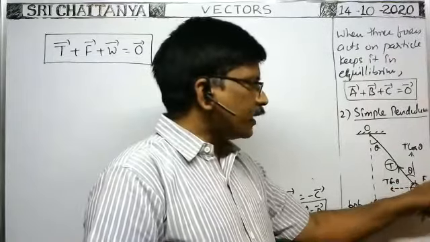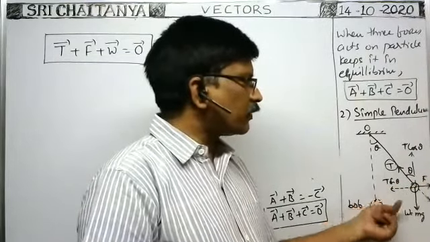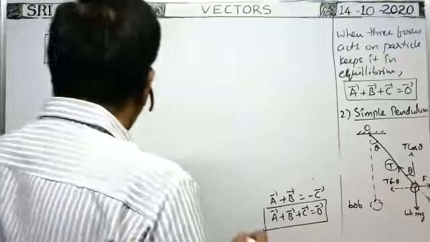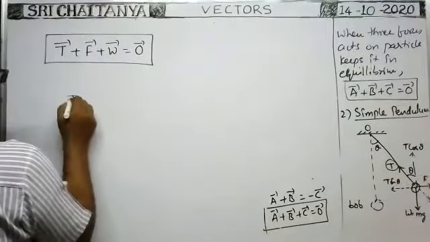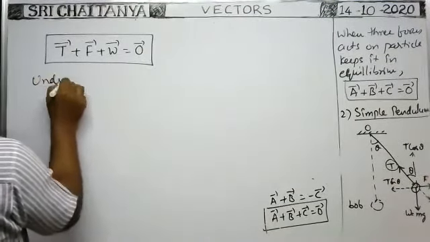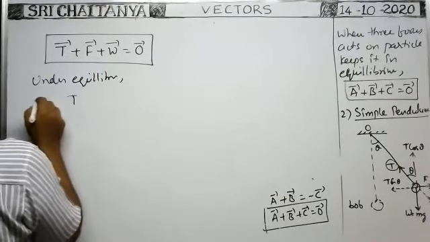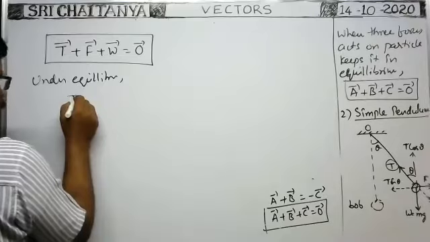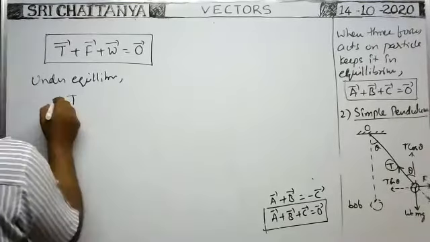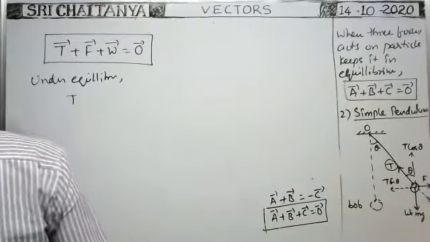Here only force F acts towards the right, and T sin theta acts towards the left. That's why F is equal to T sin theta. Under equilibrium, along the x-axis the net force is equal to 0.